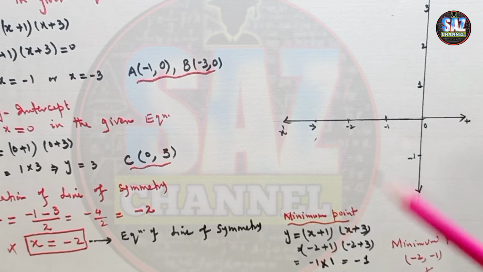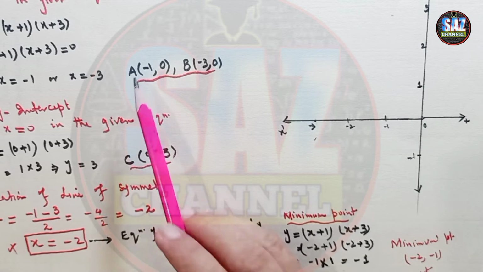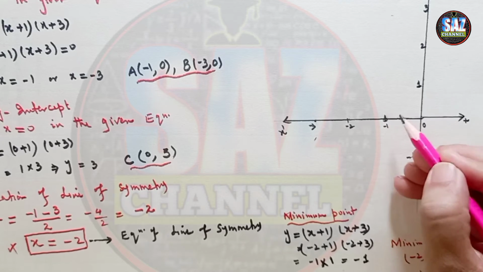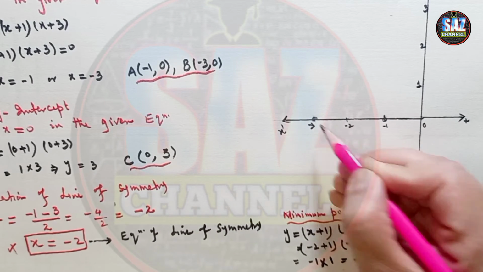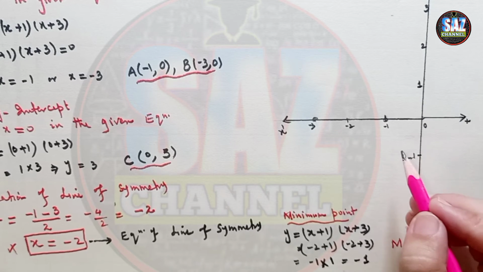First let's do all this work with the help of a pencil. As the x-intercepts are -1 and 0, one of the points will come at this place. The second point is -3 and 0. These have to be rough sketches, just to give the idea.